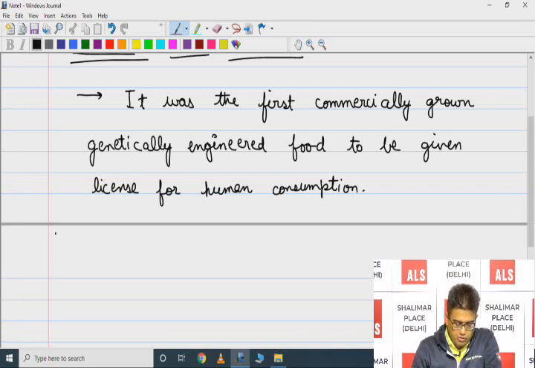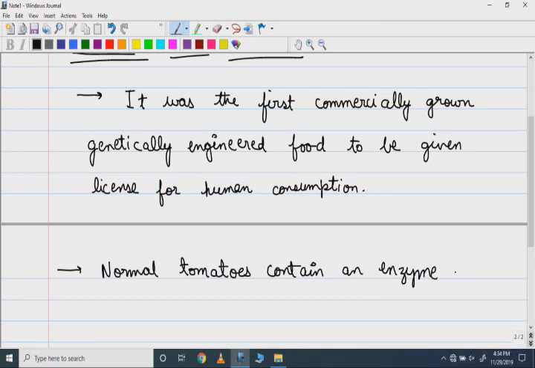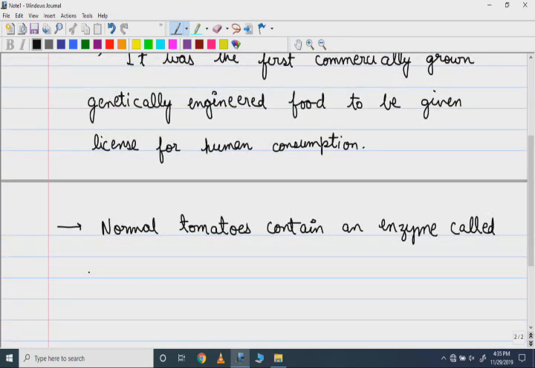Normal tomatoes contain an enzyme called polygalacturonase, which is found in ripening fruit.